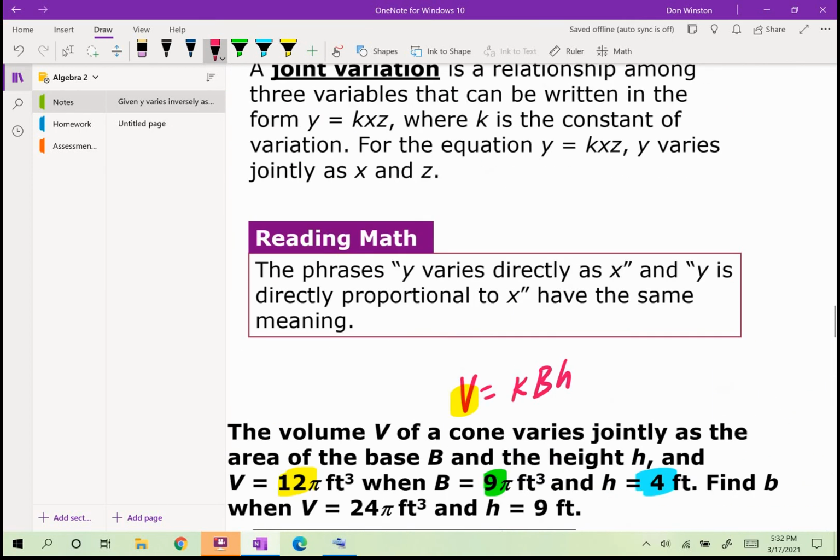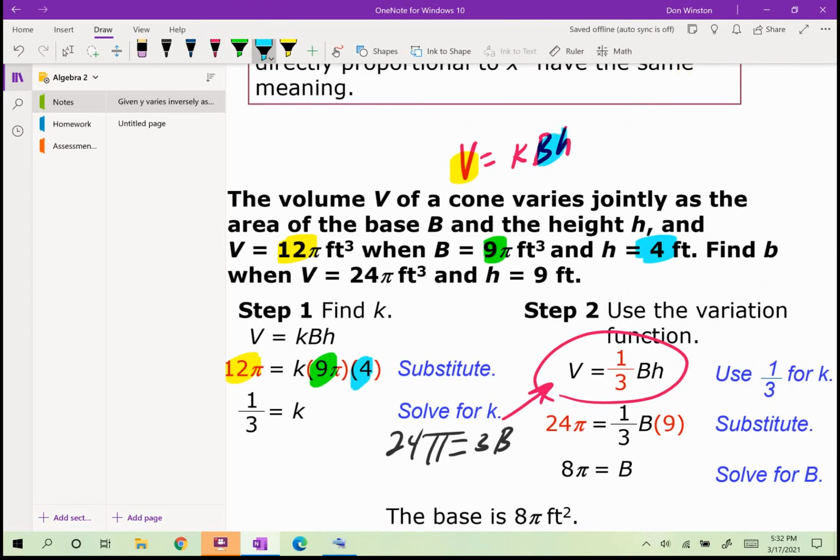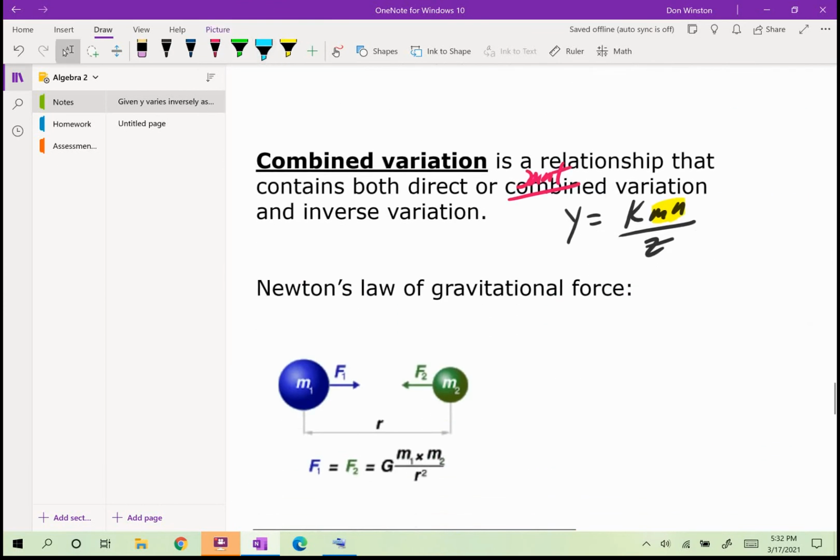We just looked at joint variation there where we had two variables. So combined variation is a relationship that contains both direct or joint variation and inverse variation. So notice here, m times n is joint, but then I'm dividing by z, which is inverse, okay?